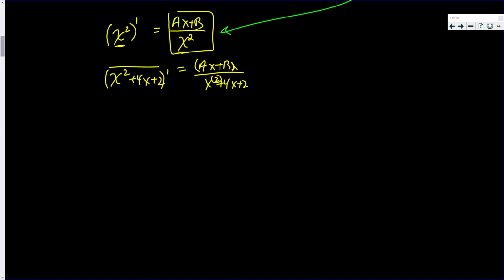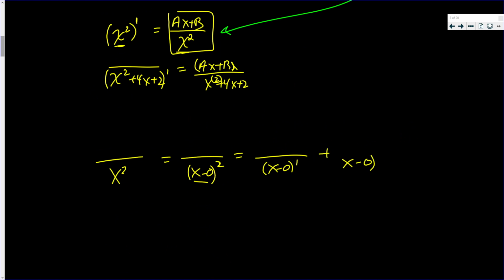Again, if you want to think of x squared as x minus 0 squared, that means something to the second power. Well, then you better have that something to the first power, and then you better have that something to the second power. And since this is linear, it's a, and since this is linear, it's b. And x minus 0 is x to the first, plus x minus 0 is x to the second.